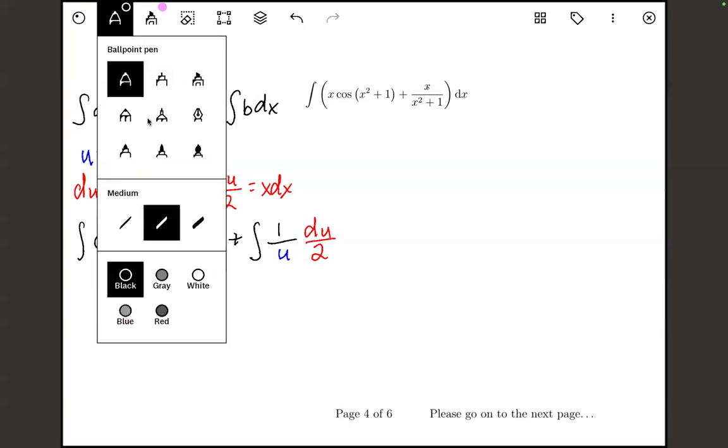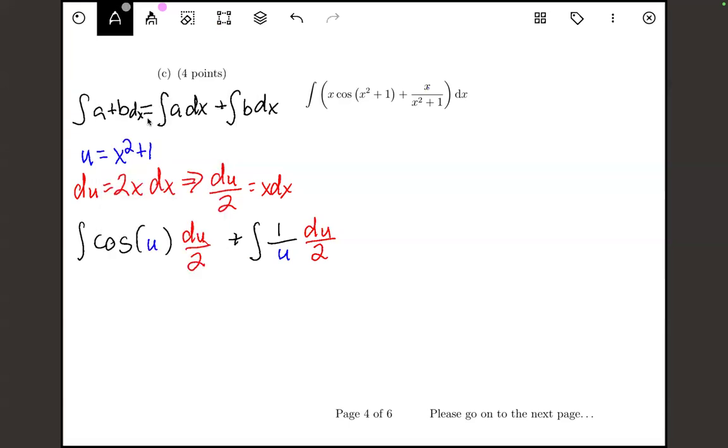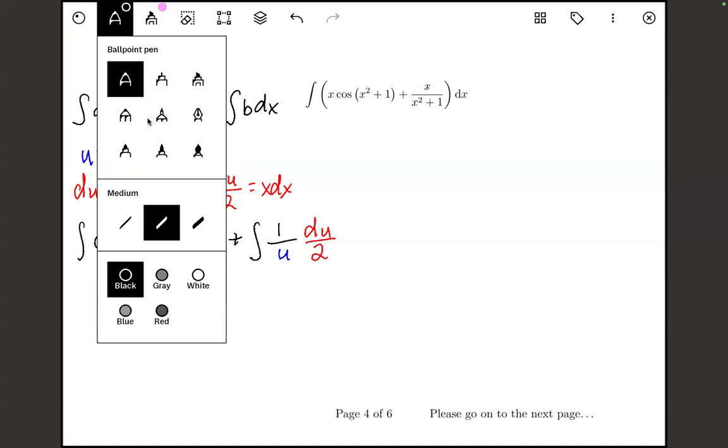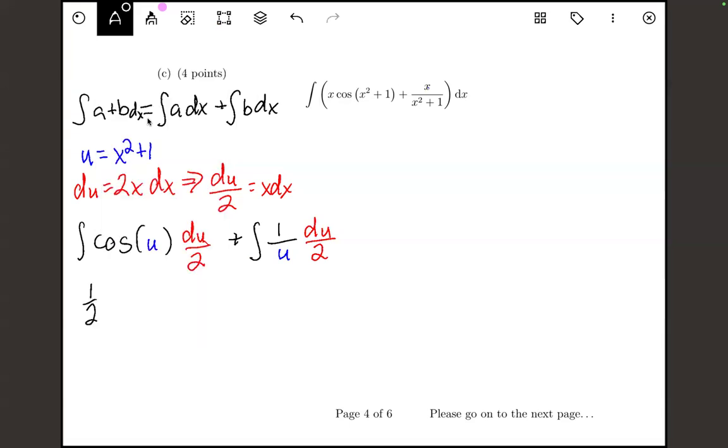Okay, so we are going to then take the derivative, or I'm sorry, take the integral, right? And so we should end up with 1/2 sine of u plus 1/2 times ln of the absolute value of u.